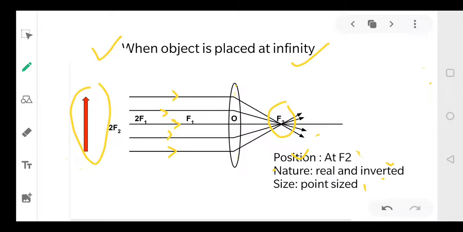And where is the position of the image? At F2. The nature of the image is real and inverted, and it is point sized. So object is placed at infinity, image is formed at F2, it is real, inverted, and point sized.